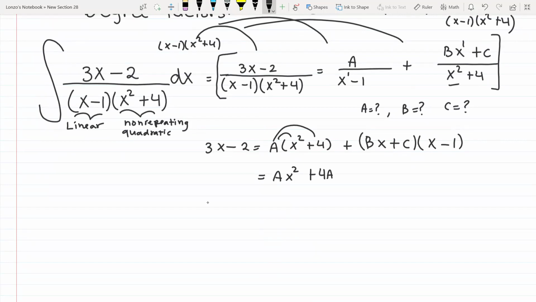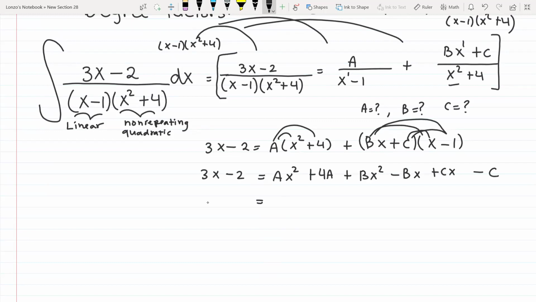And then over here, when you FOIL this out, this would be Bx squared, and this would be negative Bx, and this would be positive Cx, and then this would be negative C. And then over here you have 3x minus 2.